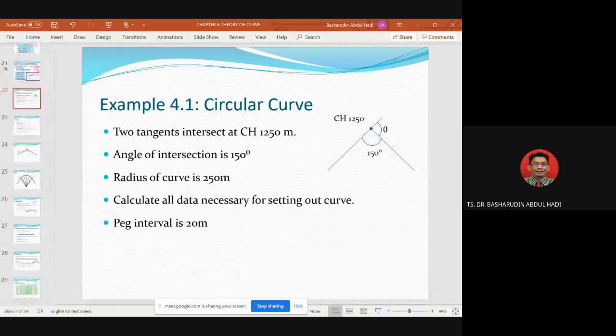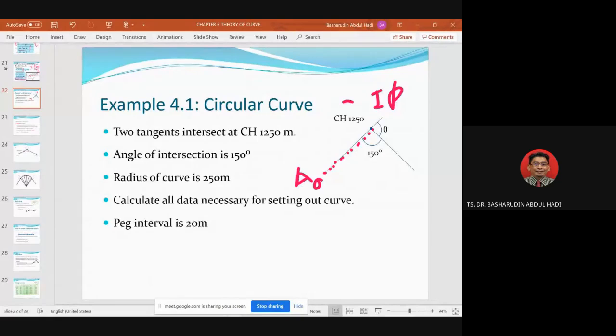So now we have an example. Two tangents intersect at chainage 1250 meter. For example, you start from Alor Setar, maybe from 0, and you go along this line until the intersection point.